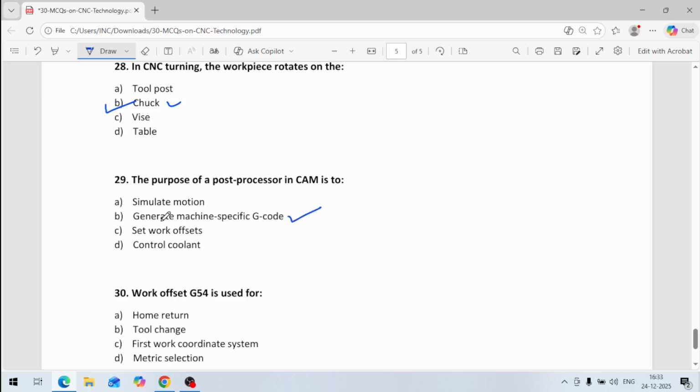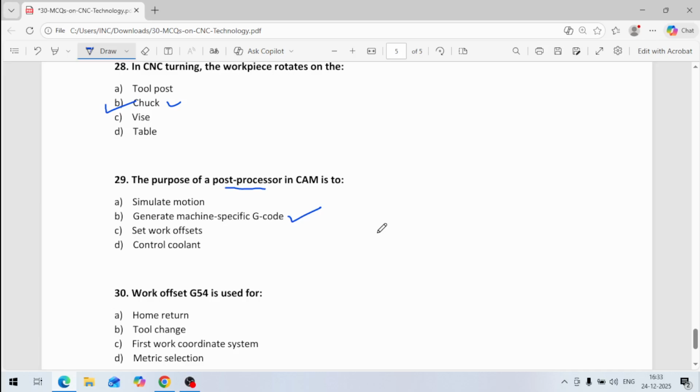So G codes are generated with the help of the post processor. Before simulating, we have to generate machine specific G codes. You generate these G codes, a program, and you will get a program on the notepad.